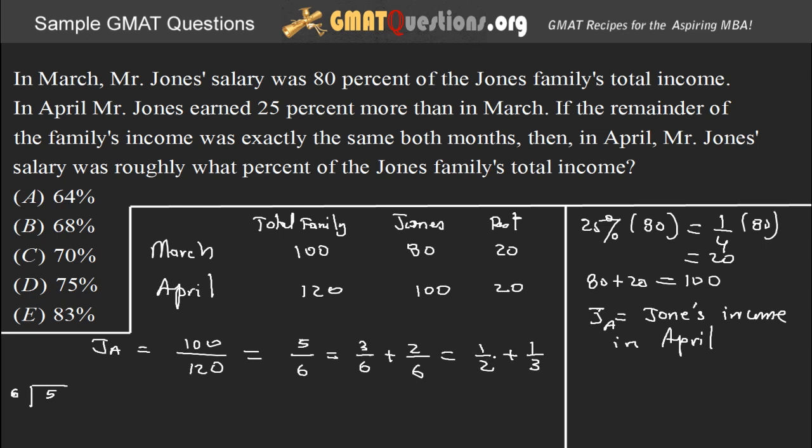If we turn them into percentages, very simple. 1/2 is 50% easily. And 1/3 is 33 and 1/3%. This is a trick I just play here. So 50 plus 33 is 83. So we understand that JA is easily 83 and 1/3%, okay?